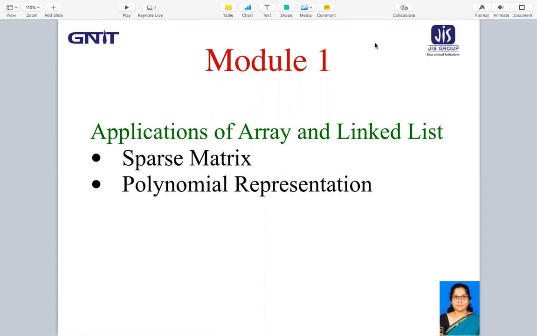Let us first start with the sparse matrix. So a matrix is defined as a two-dimensional array with m number of rows and n number of columns.